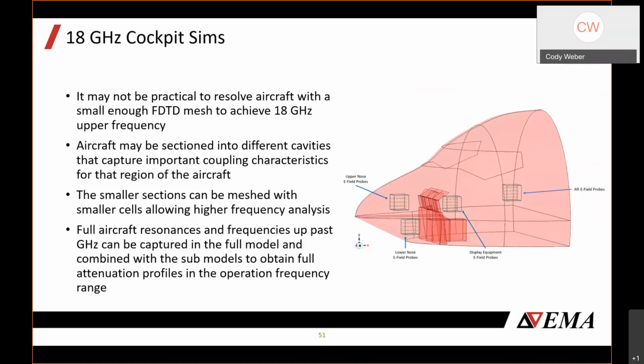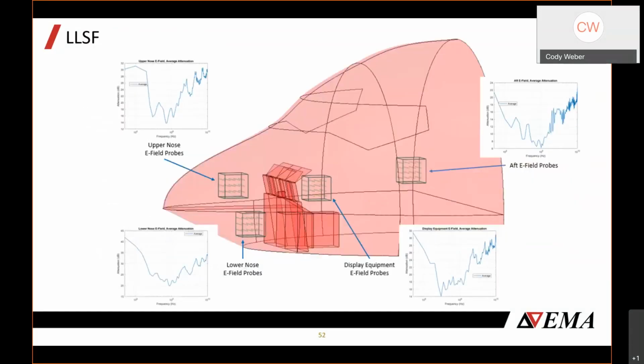And so we have had very good success in doing these kinds of analysis recently with, as I mentioned, the increase in computational ability that exists today. And so really we can run these results up to the 18 gigahertz necessary for verification purposes.